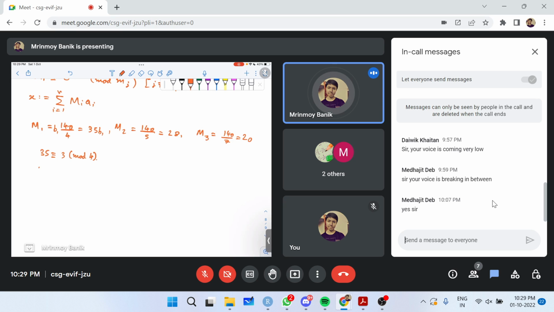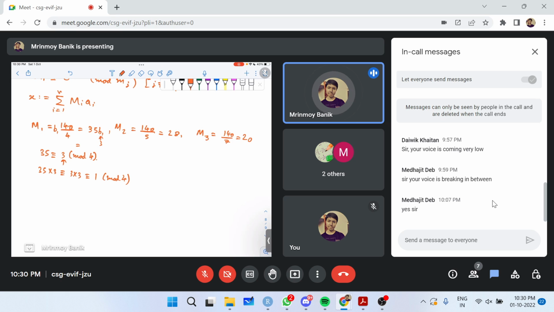So of course we can multiply 3 with 3 to get 9, and 9 is 1 mod 4. So we got the inverse of 35, it's 3. So B1 is 3.